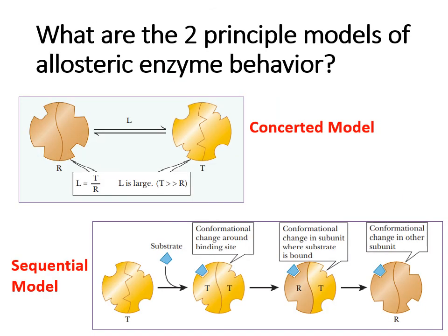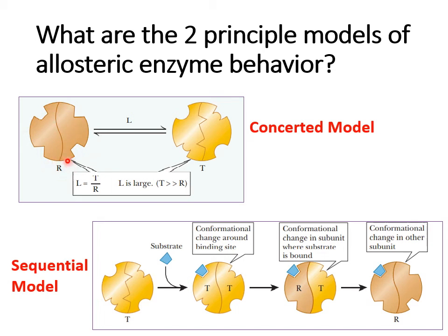The next thing to look at when we're studying allosteric enzymes is the principal models describing their behavior. So there are two models I want you to know. The top one here is the concerted model, and the bottom one here is the sequential model. Now what you notice in the concerted model is that the enzyme has different conformations.